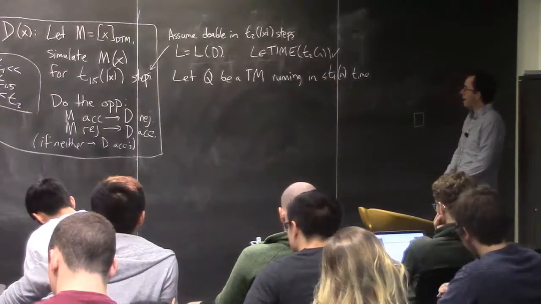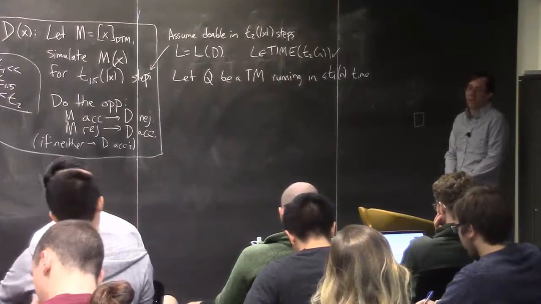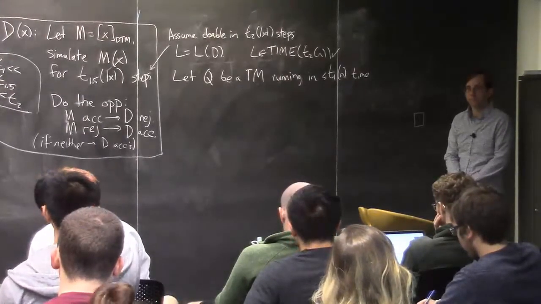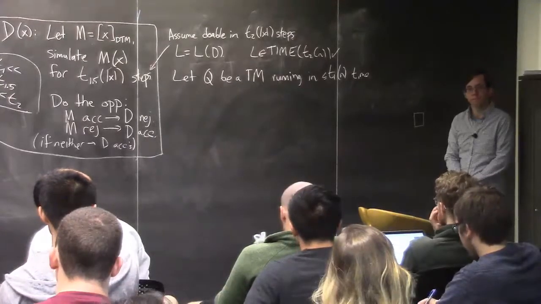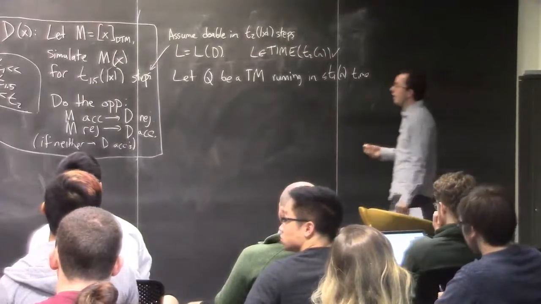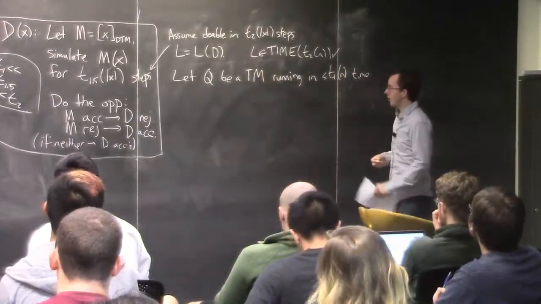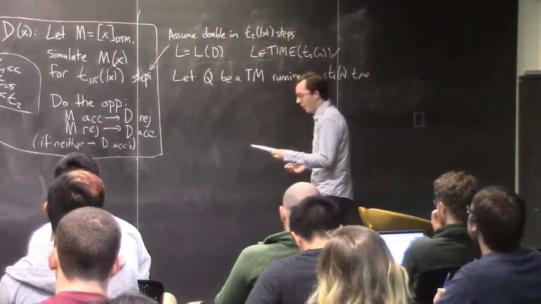Okay, and what will be the string where Q and D differ? Yeah, Q itself. So it'll be the string that encodes Q itself, or any string which encodes Q. That's sort of the point here.